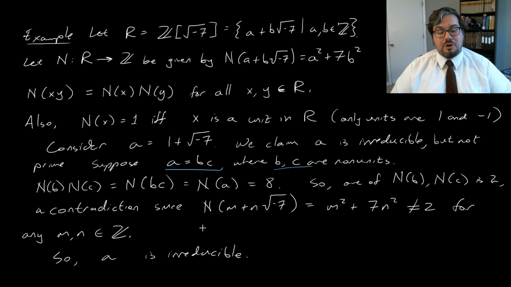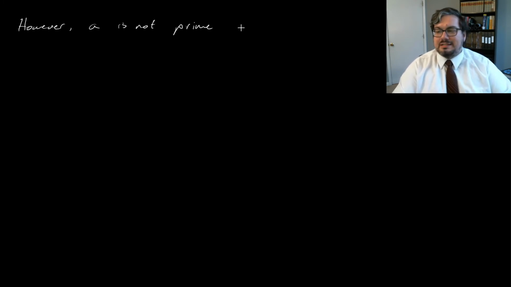However, we're going to show that a is not a prime element. So what we're going to do is demonstrate that there's some element where a divides, let's see, I don't want to duplicate any of the symbols that we're going to use.